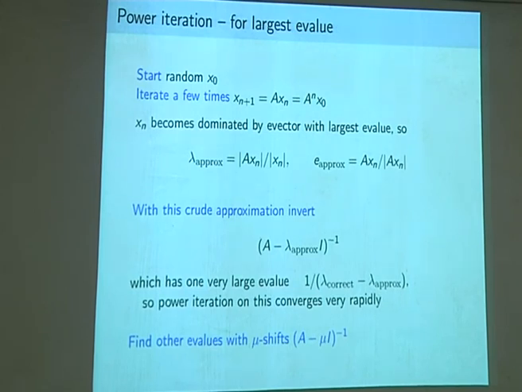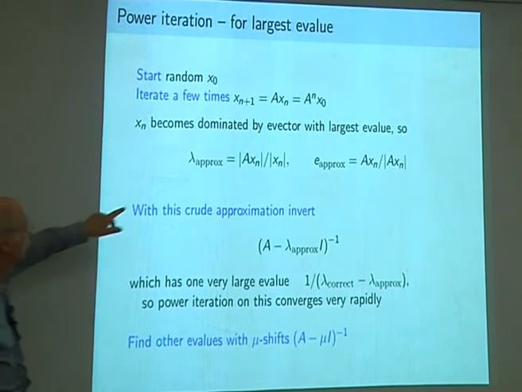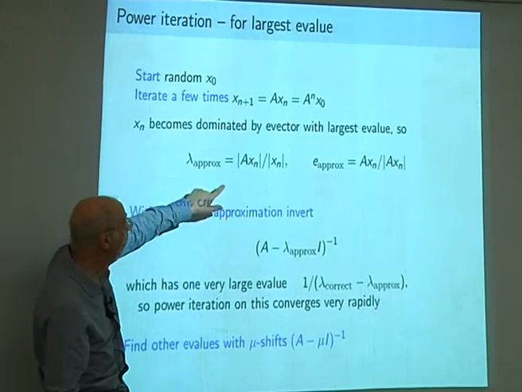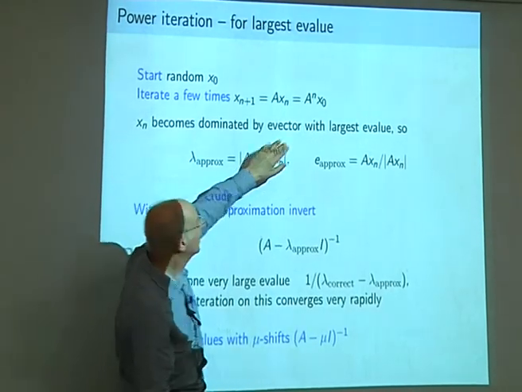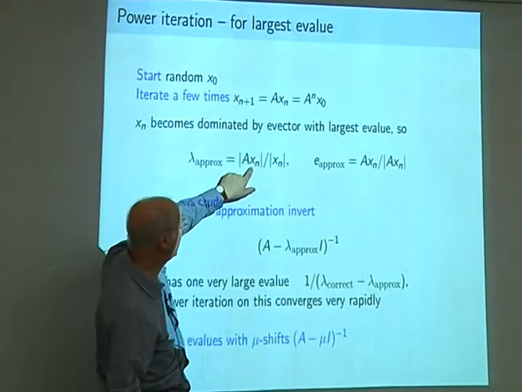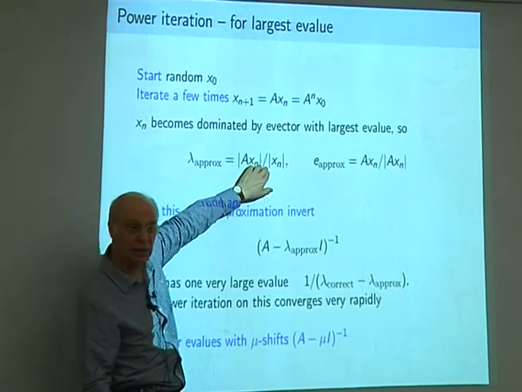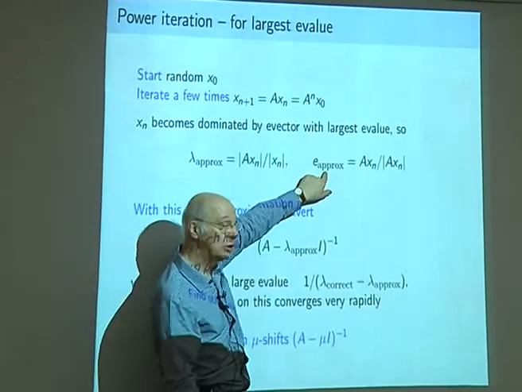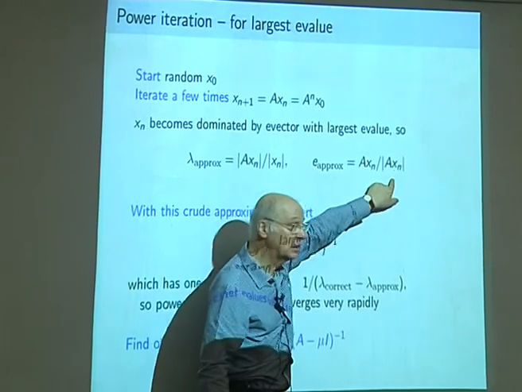So eventually, with A^n times a random x naught, you end up looking in the direction of the eigenvector of the largest eigenvalue. And if you apply A times that, you'll find the eigenvalue. A good approximation to the eigenvalue will be A times a power of x divided by its size.